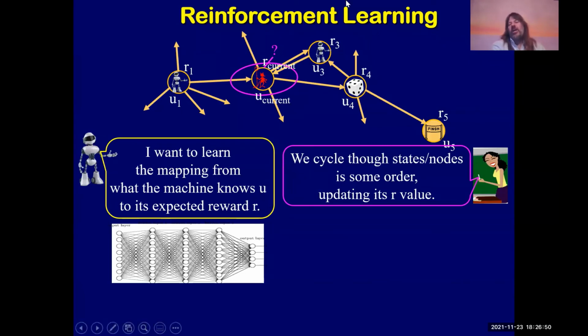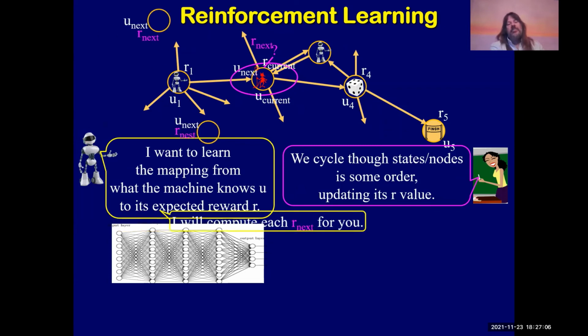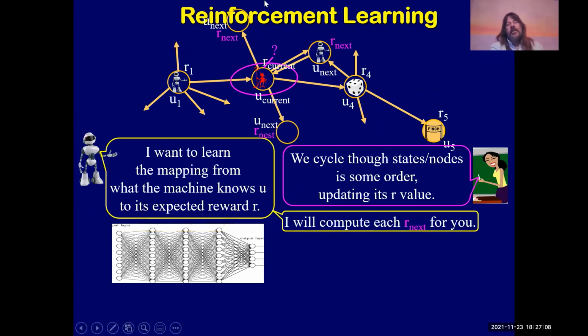So let's talk about how we're going to update the nodes. What we're assuming is we have R values everywhere already calculated, and we're trying to update the R node of this particular node, right? Does that make sense? Let's look at all our neighbors, and they all have R values.